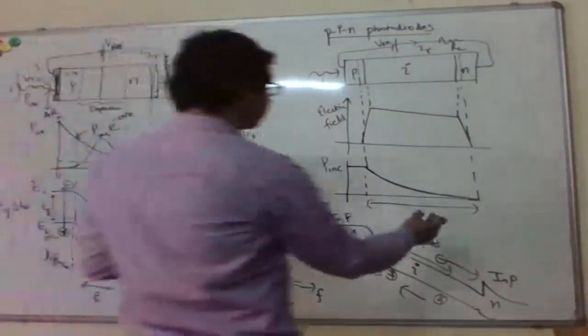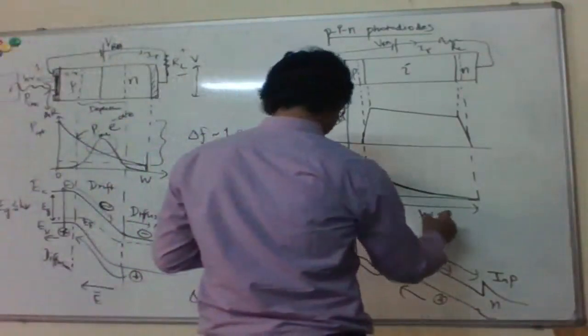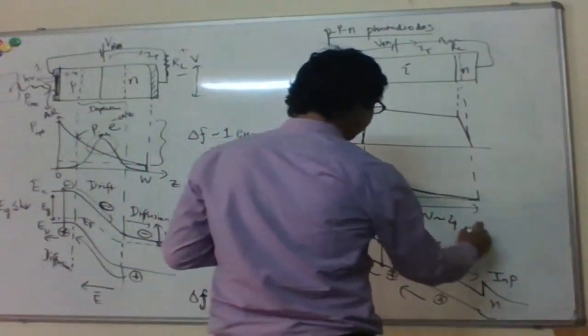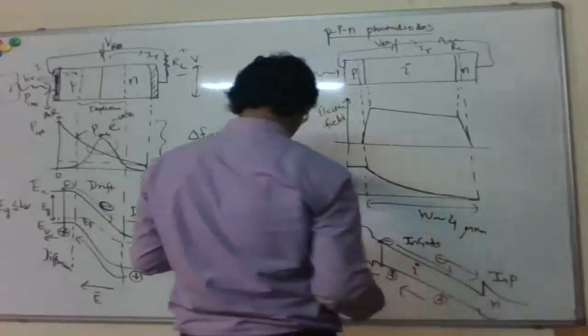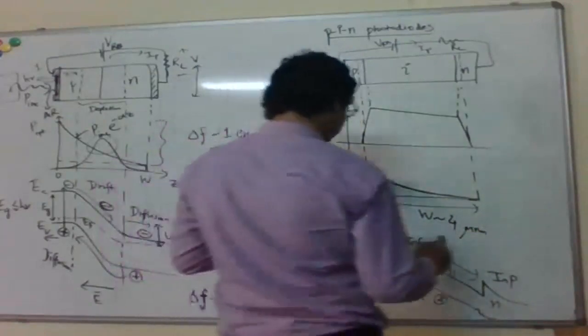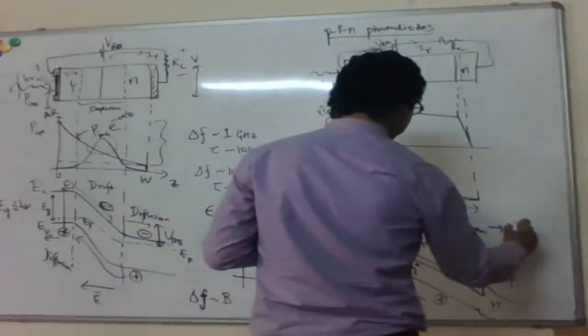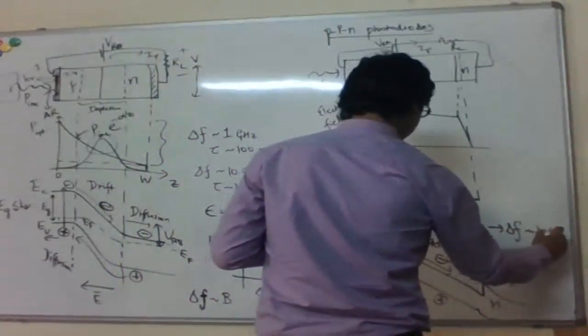Okay, so for these PIN photodiodes, for example, typically if you have a width of the intrinsic region of about 4 microns, then you can easily get the bandwidth to be 10 gigahertz.